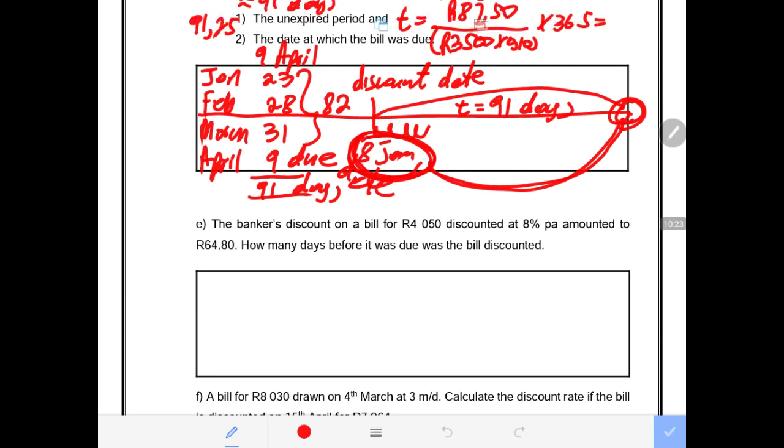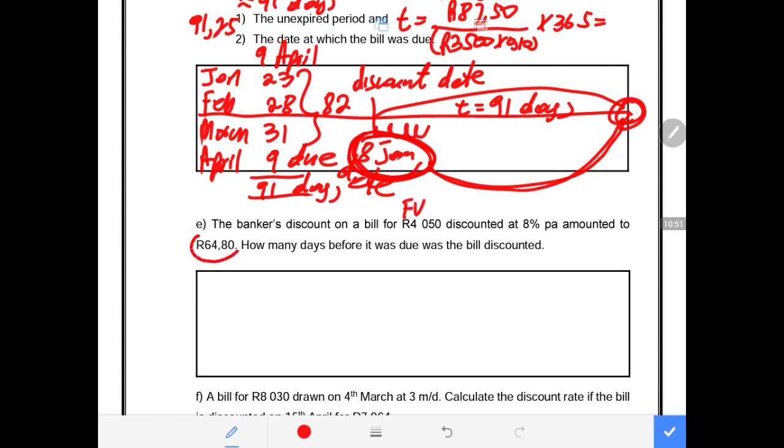It says the banker's discount on a bill of 4,050 Rand discounted at 8% per annum is 64 Rand 80 cents. They said the banker's discount is this amount. That was the beginning statement. The banker's discount on a bill, this is the face value of the bill.